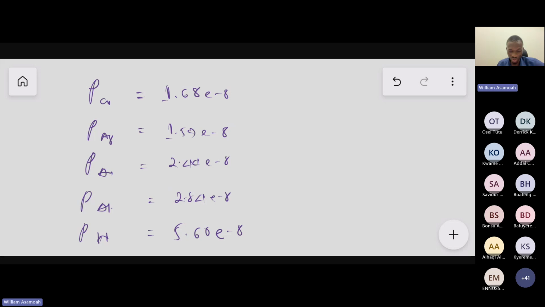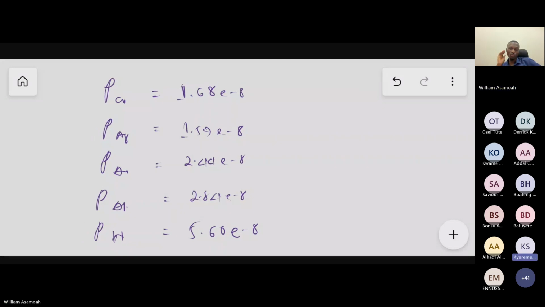Now, of all these 5 metals, which one would you really like to use? Which one is more resistive? And which one is least resistive?